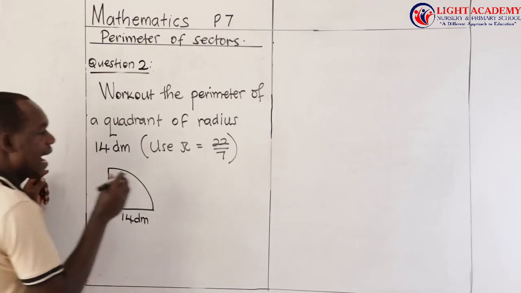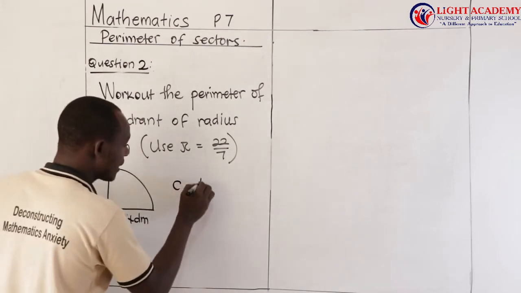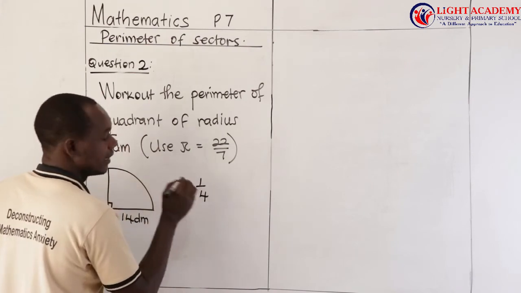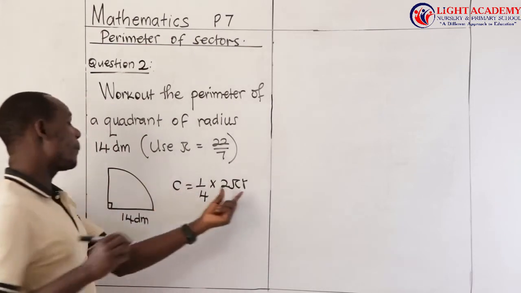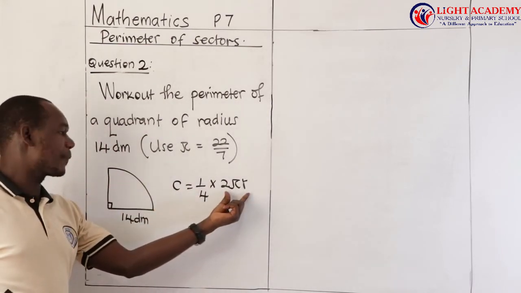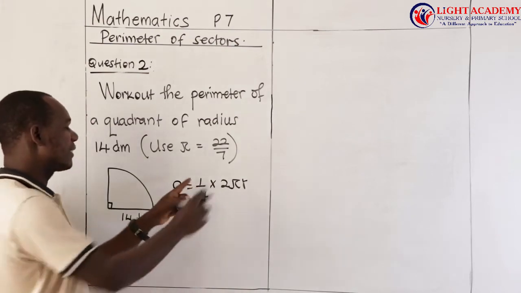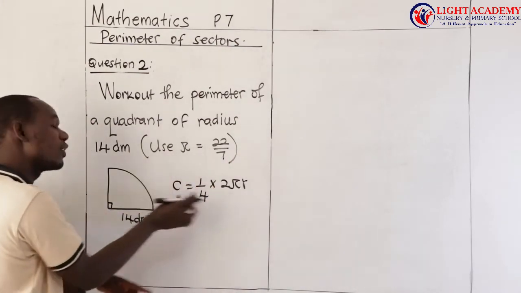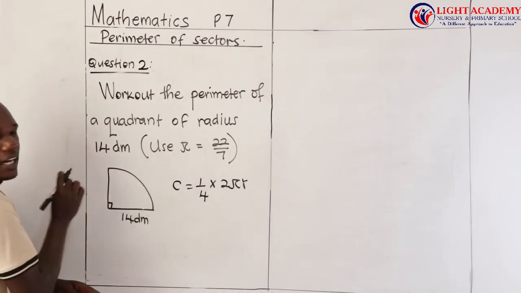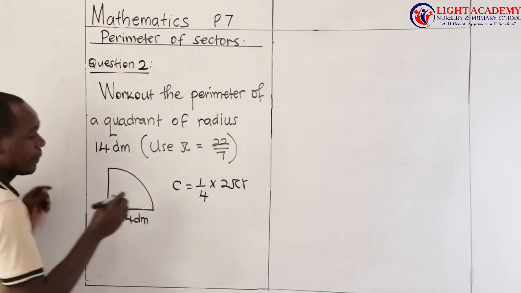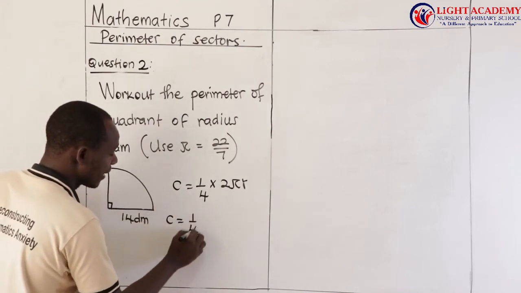The circumference of a quadrant is a quarter times 2 pi r. 2 pi r is for a full circle, but because of a quadrant, you divide the 2 pi r by 4. So this is the formula for working out the circumference of this quadrant, which is the distance of this curved edge.